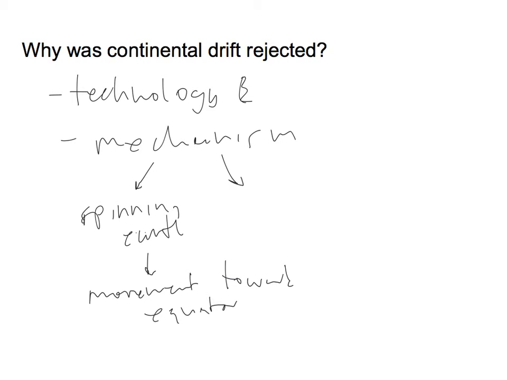Let's see if I can draw. He's basically thinking about the continents as a lighter landmass that is kind of floating on the basal crust, the oceanic crust.